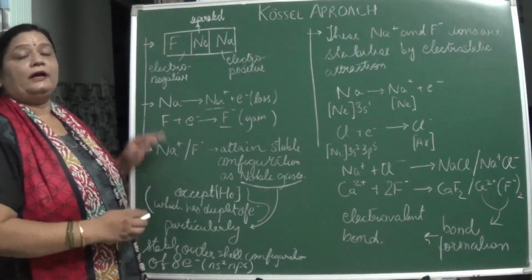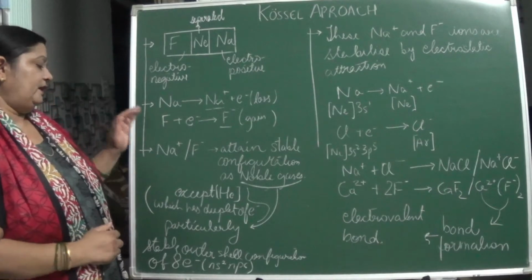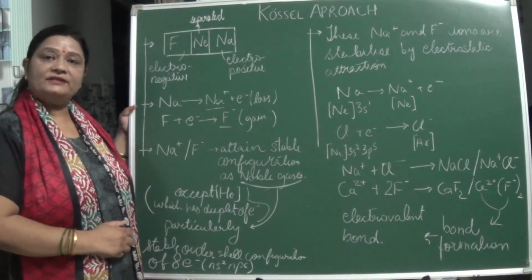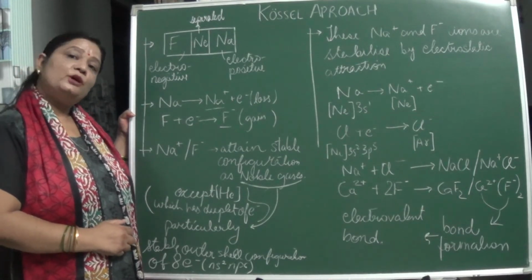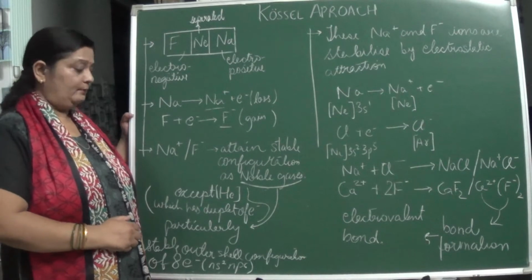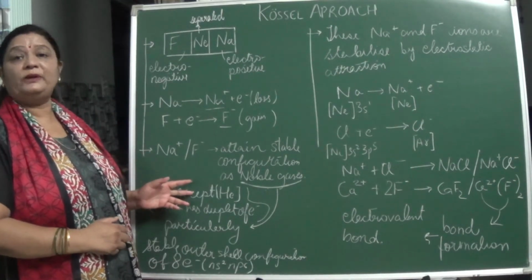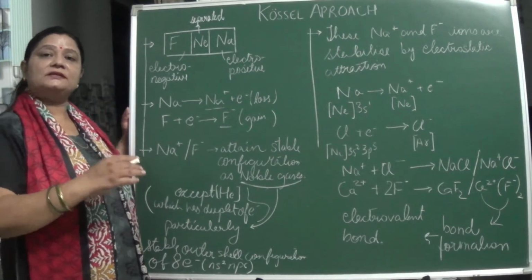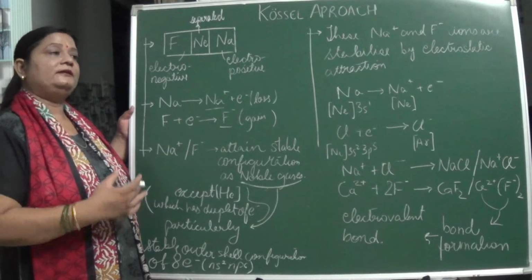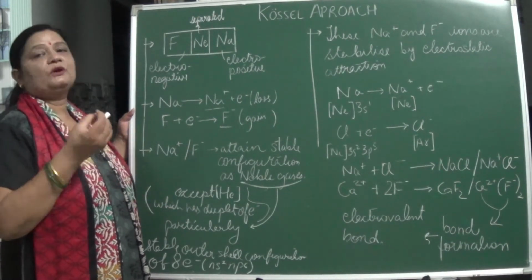Because all the noble gases have 8 electrons in the outermost shell, but helium has only 2 electrons. For hydrogen and helium, instead of the octet rule, the duplet rule is followed, because 2 electrons in the outermost shell make them stable.